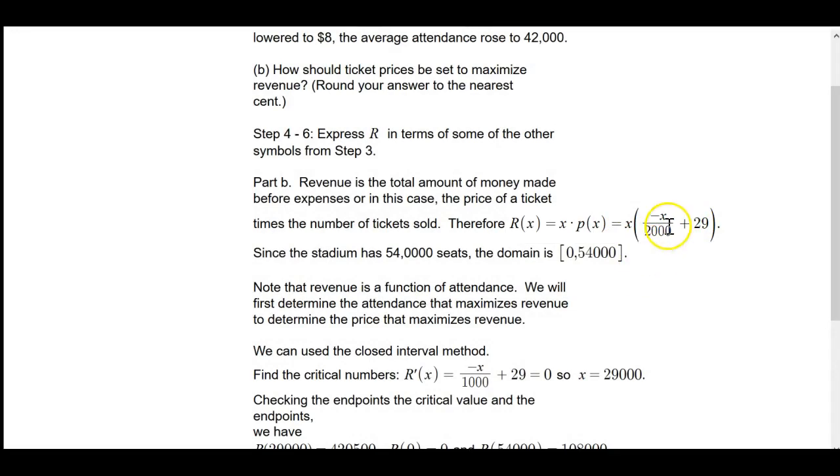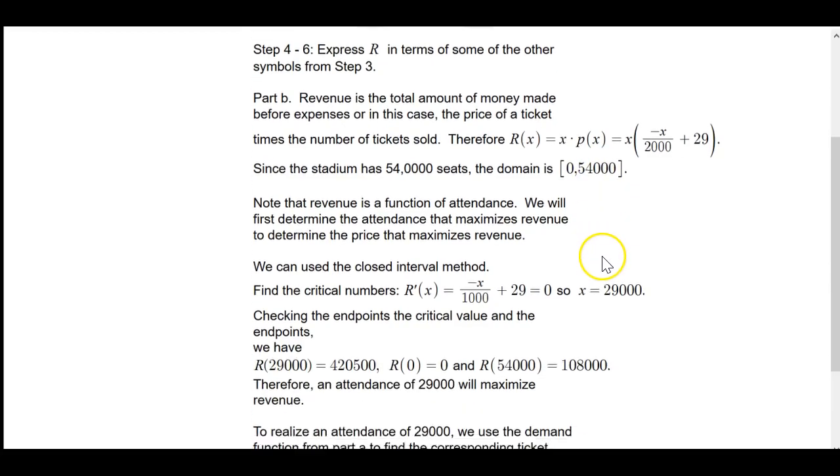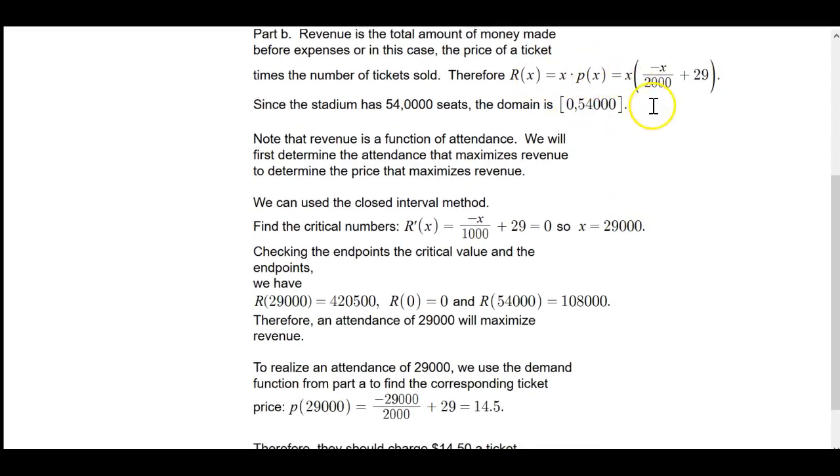We need to maximize that. And we do have a closed interval because the stadium can only hold up to 54,000 people. So we're going to use the closed interval method to find the maximum value for this revenue.